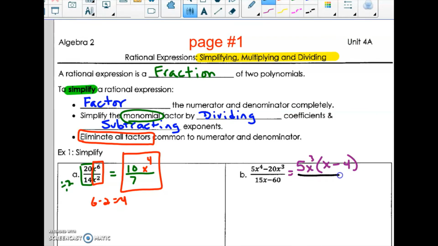On the bottom, there's a GCF of 15, and that'll give us x minus 4.